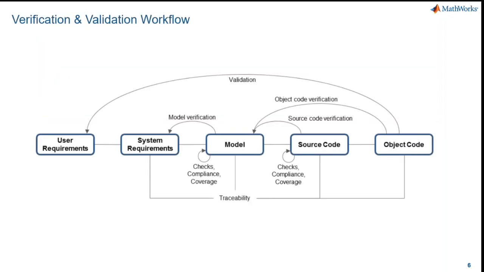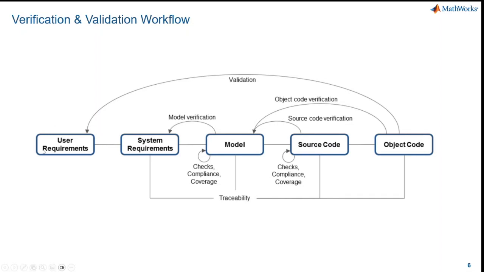So here you can see the verification and validation workflow. It starts with requirements. We often start out in text form, an idea, but customers increasingly choose to model these requirements. During the development cycle, you need to ensure the traceability to requirements.